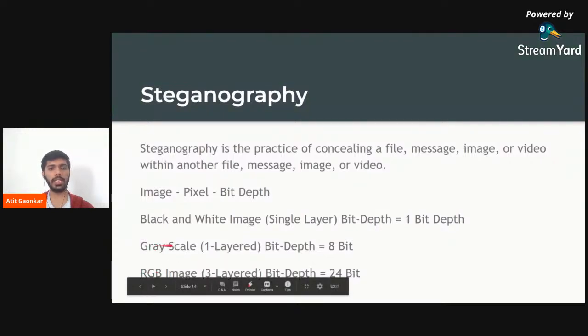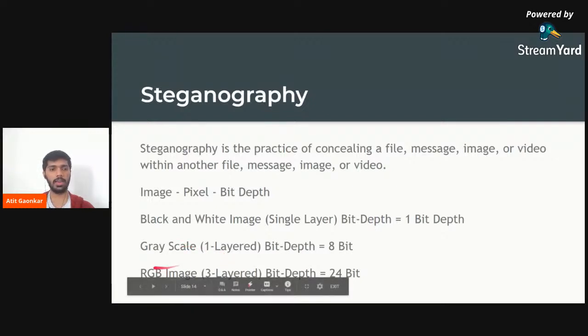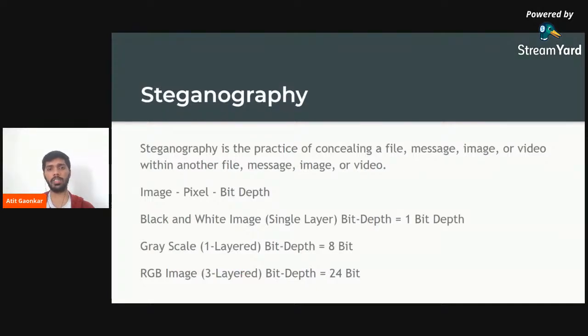Then, the grayscale is called a one layered or 1 bit depth image. An RGB image is called a 3 layered bit depth image, which consists of 24 bits, because every layer of RGB, say the red layer, has 8 bits of its own.